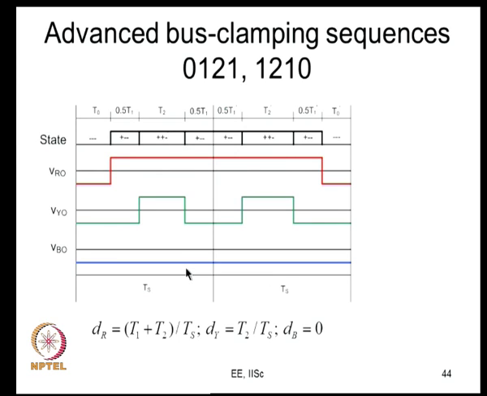So, we can employ the sequences depending upon which phase is carrying higher or lower current, and it is possible to design some PWM methods using these sequences to reduce your switching loss. These are certain things which we will see in the rest of this module.